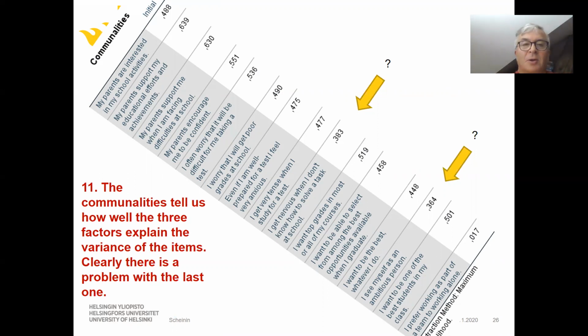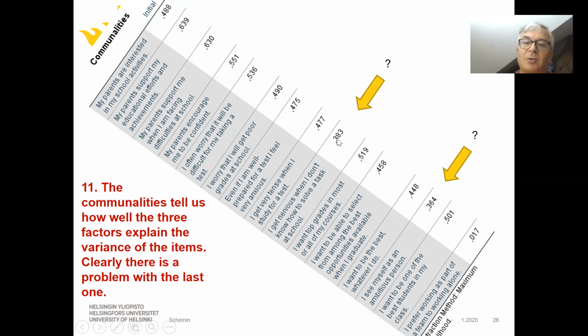The communalities tell us how much these three factors explain of the variance of the item, each and every item. So this is very close to an item analysis, reliability already. And what you can see here is that most of these have a high communality, not so high.